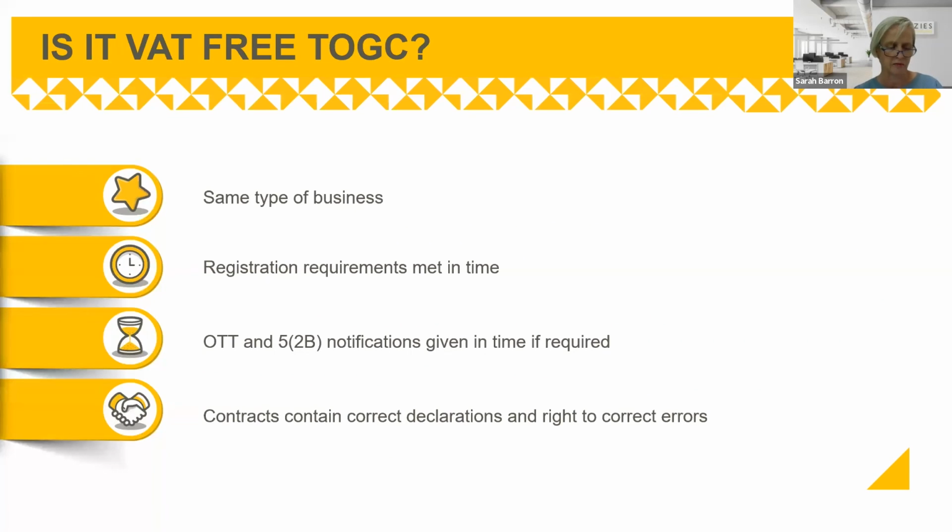Similarly for the option to tax notification, the 52B notification, can the buyer actually give that? Are they entitled to say that their option to tax will not be disapplied? And do the contracts contain all the correct declarations and the right to correct the position if anything has gone wrong?